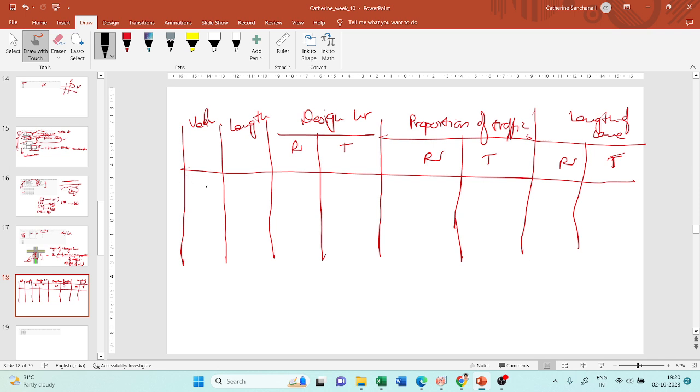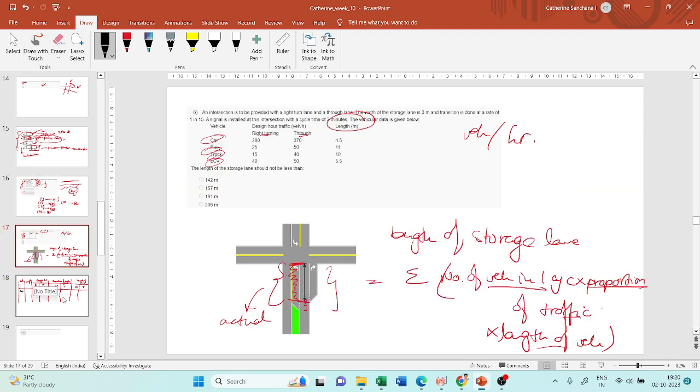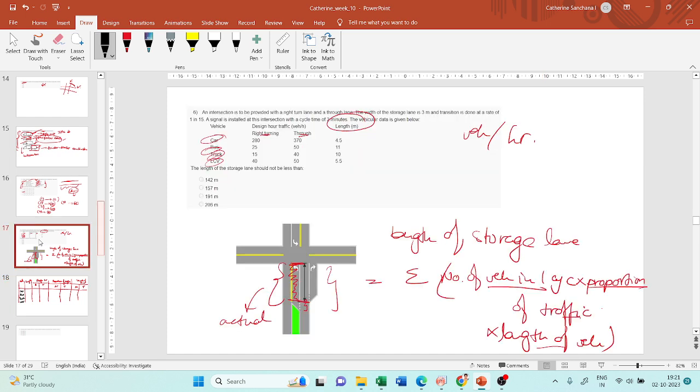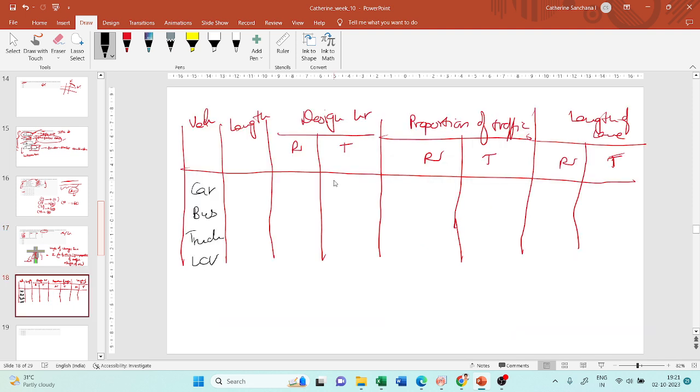So you have four types of vehicles: car, bus, truck, and LCV. They've also given you the length of all these vehicles: 4.5, 11, 10, 5.5.